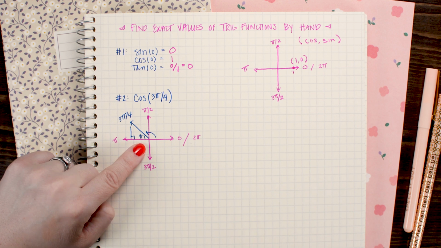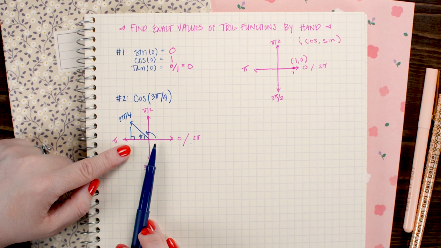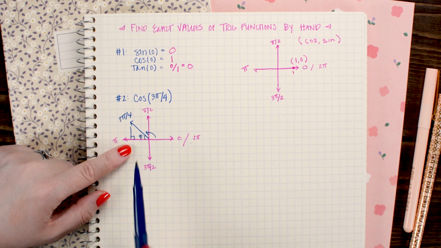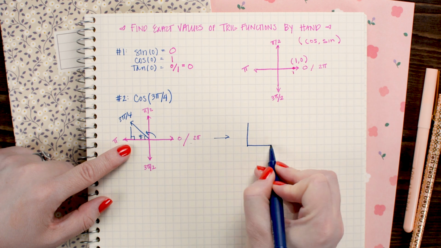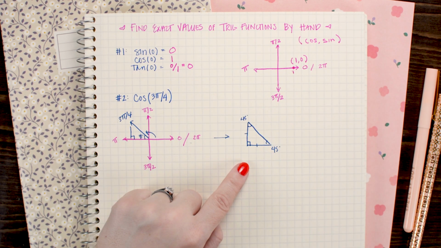The next thing I'm going to do is, over on this side, since I have a special right triangle here, which you should always have in these problems, draw that special right triangle a little bit bigger so we can fill in the proportions. One of the few things that you have to memorize in order to do these trig functions by hand is your 2 special right triangles.